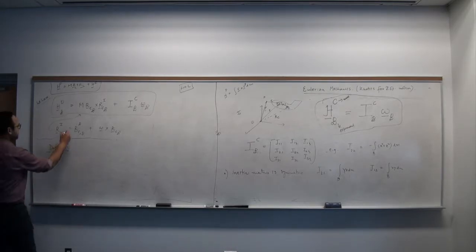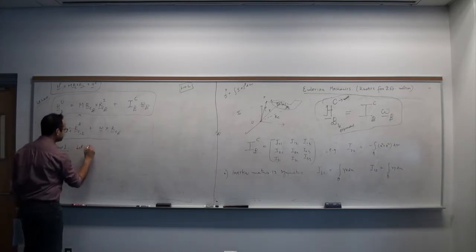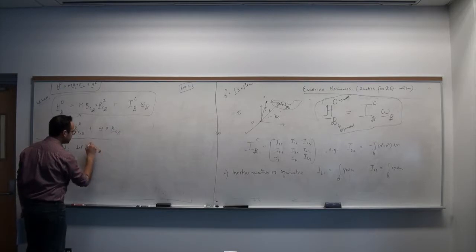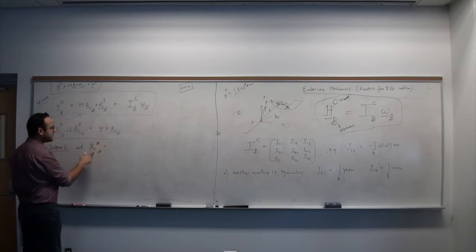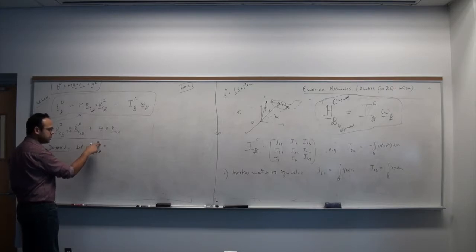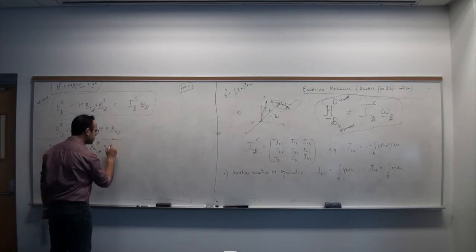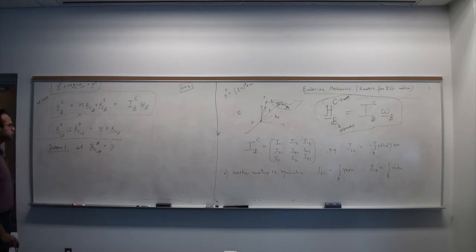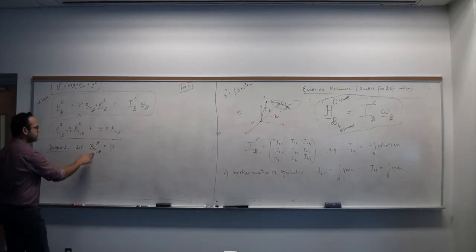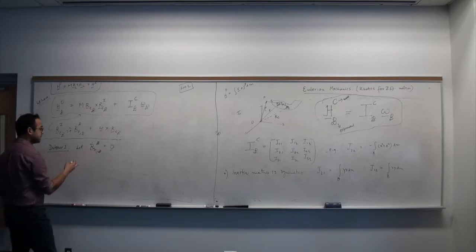Now, this is from the transport theorem. So assume that the center of mass as seen by the body frame is not moving. So its body velocity of the center of mass is 0. We're going to make that assumption.